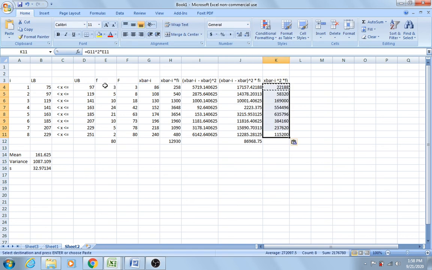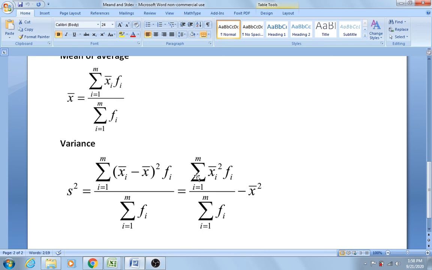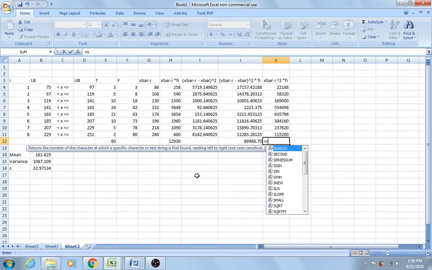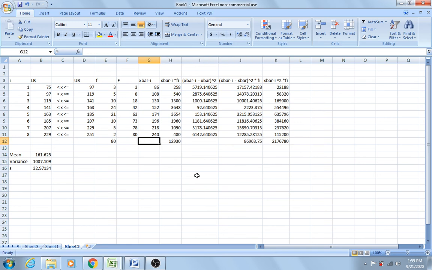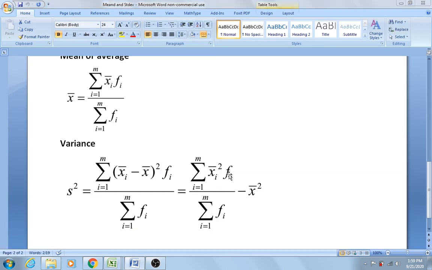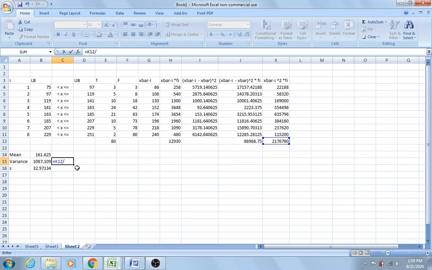Okay, that's what we need. And then you sum it, so that means we add them together. Okay, and then the variance will be the sum divided by the total frequency, and then minus x bar square. X bar square is the mean that you square.